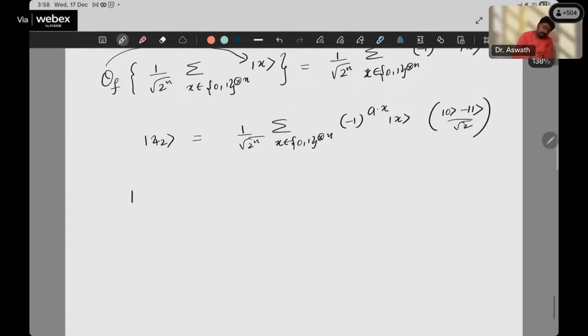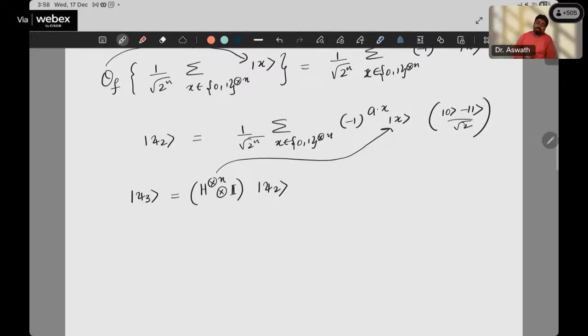Psi 3 is Hadamards acting on the query and one identity acting on the ancilla. Now what I have to know is the effect of Hadamards acting on this.